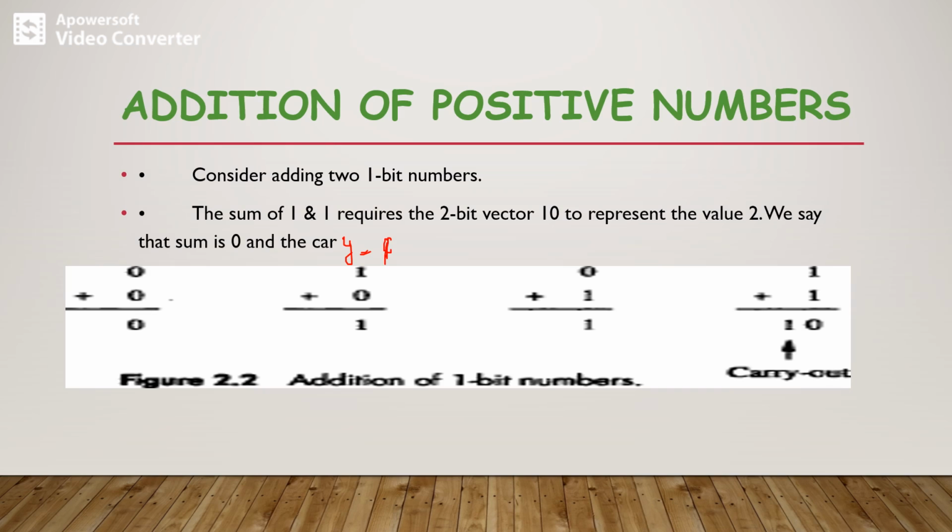Here we can consider different 2-bit numbers. 0 plus 0 gives sum 0. 1 plus 0 gives sum 1. Similarly, 0 plus 1 gives sum 1. And 1 plus 1 gives sum 0 and carry 1, which is the carry out.